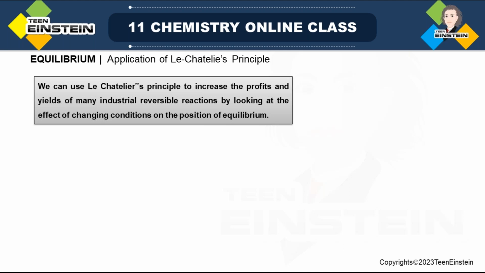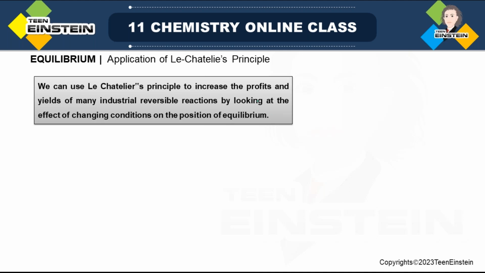So we have to minimize the expense as much as possible, and yield of the product should be as high as possible. So we have to adjust the conditions, concentration, temperature, then pressure in such a way that we can maximize the yield of this industrial product. So two products we will discuss. One is ammonia by Haber's process, and another one is H2O.